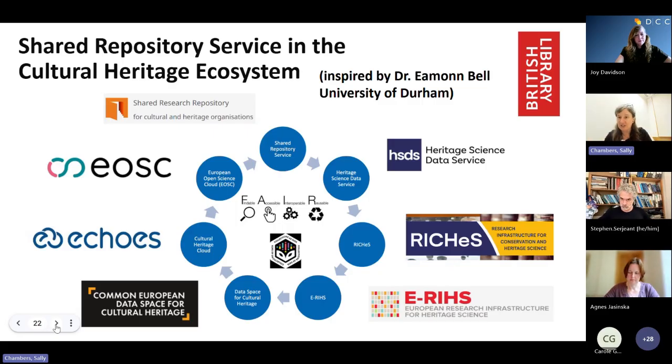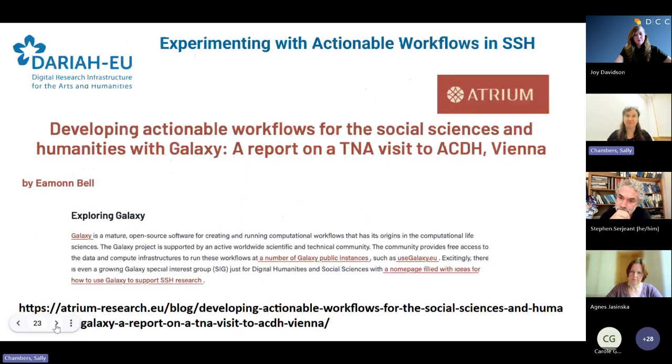We have the Heritage Science Data Service and the RICHES infrastructures, which are part of the UK landscape. They feed into infrastructure such as the ERIC infrastructure for heritage science, which feeds in and collaborates with the Common Data Space for Cultural Heritage and the Cultural Heritage Cloud. And all of this could be pathways towards making this data available via the EOSC Federation.